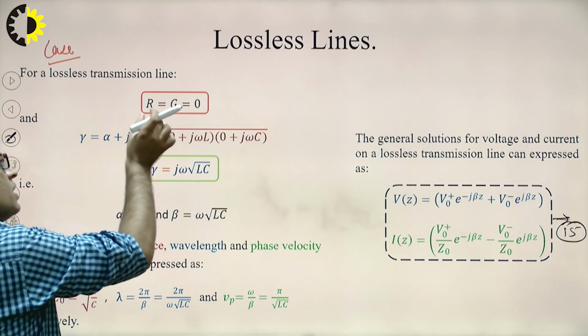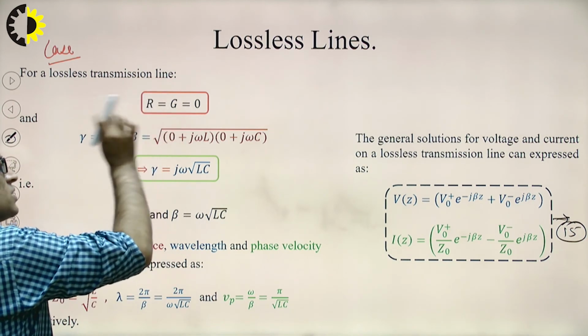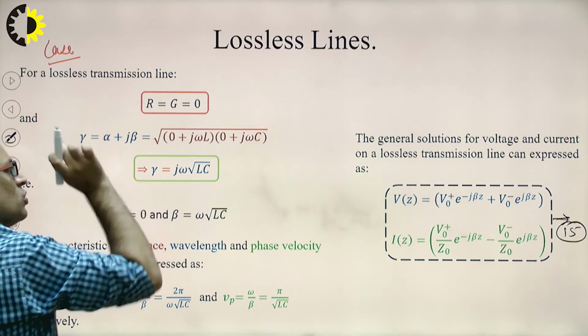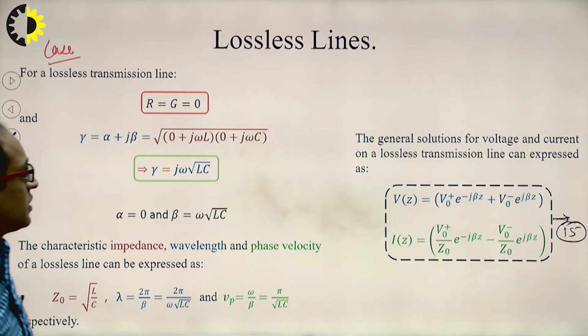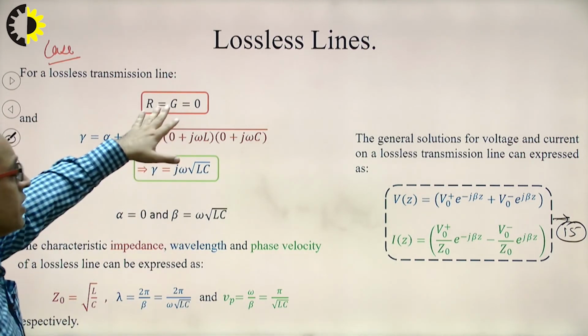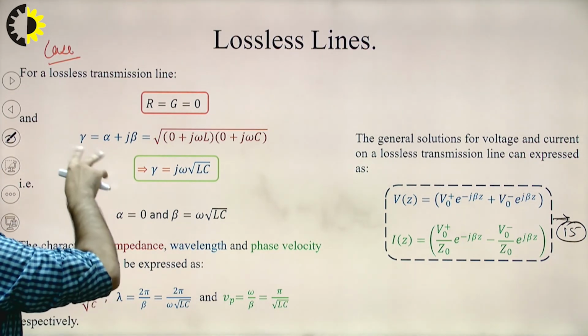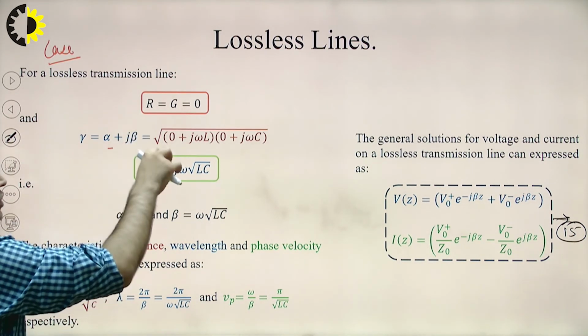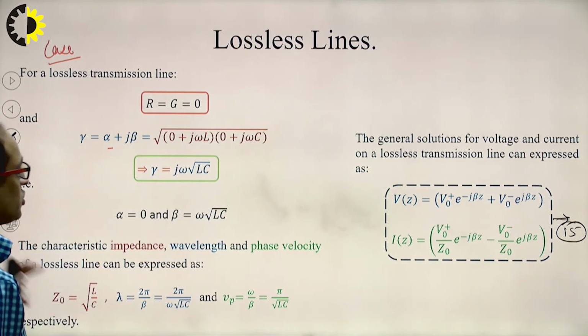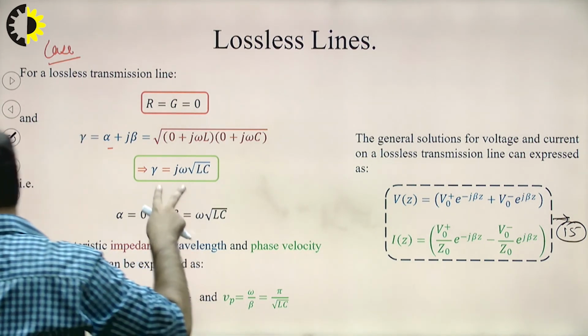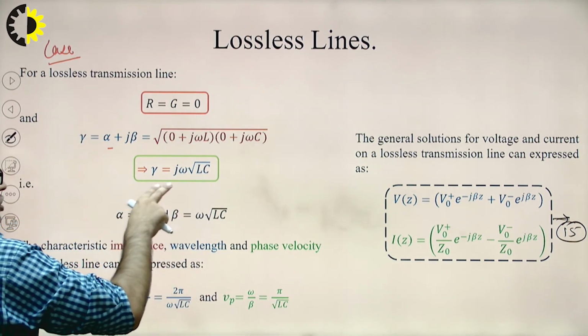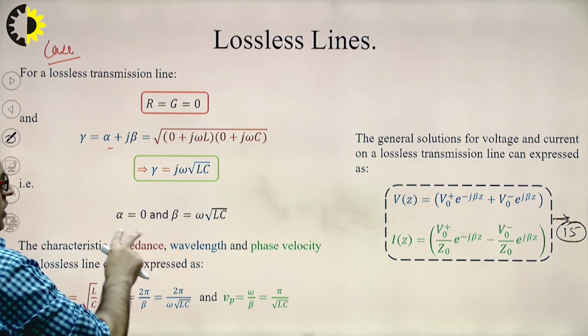That means R, the ohmic loss, will be equal to 0, and the conductance per unit length, G, will also be equal to 0. So gamma equal to alpha plus j beta. Put the value of R equal to 0, G equal to 0, and you will get gamma equal to j omega under root of LC.